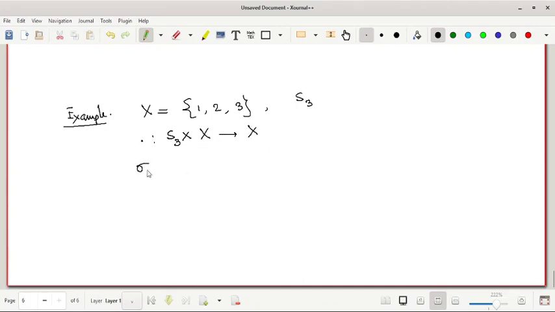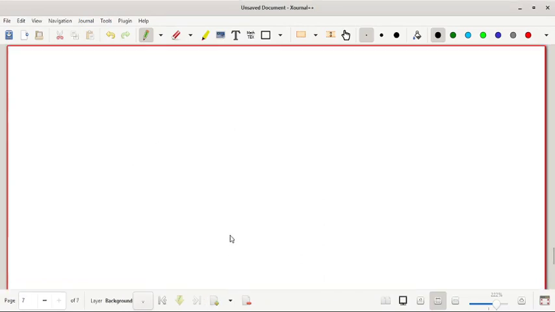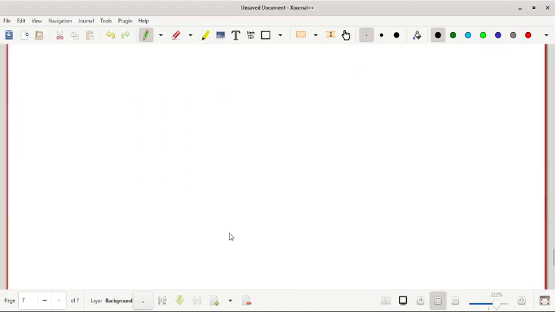We define it as sigma dot x is equal to sigma of x for every sigma in S3 and x in X. In the last lecture, we have proved it is an action. Let us check whether it is faithful or not. How to check?